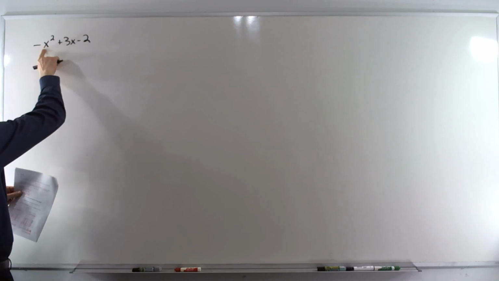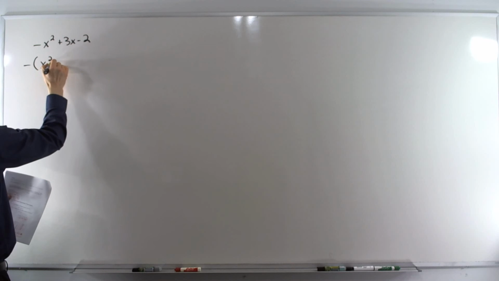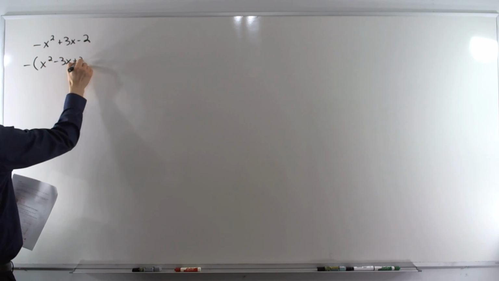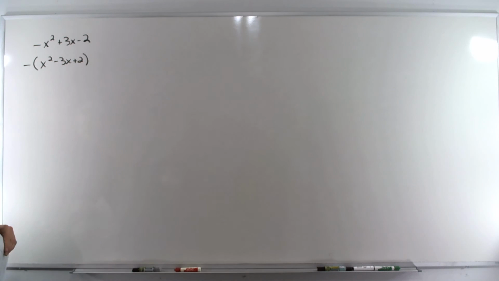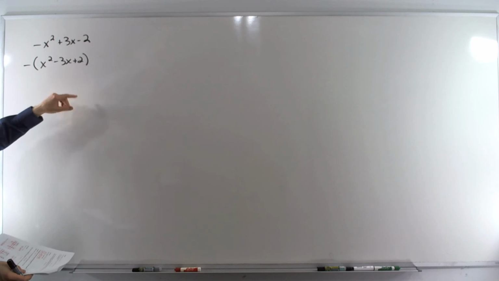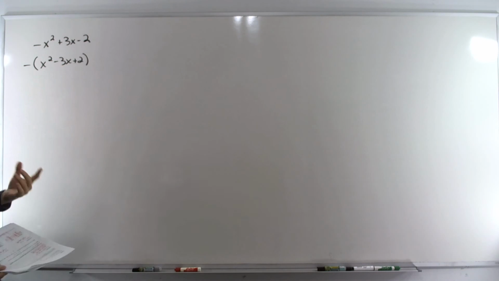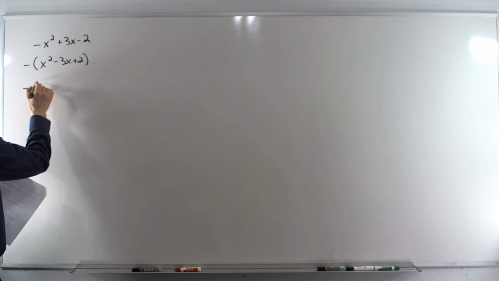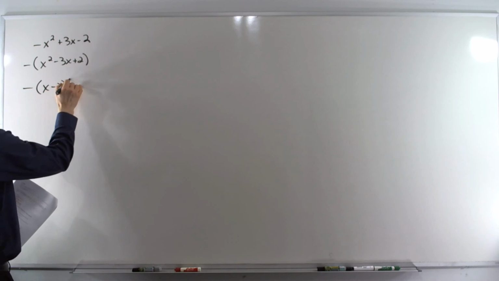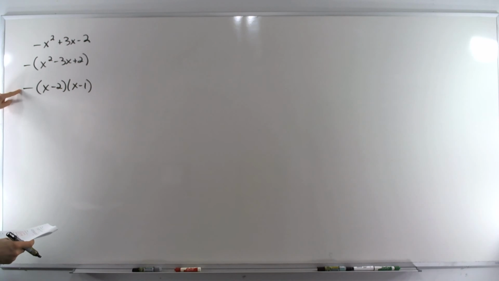This will become positive, that'll become negative, that'll become positive. All right, now I've got a regular old trinomial to factor, so this will be a lot easier to do. We need two numbers to multiply to get 2 and add to get negative 3. Well, that's negative 2 and negative 1. Keeping that negative on the outside, we got the negative of x minus 2 times x minus 1.